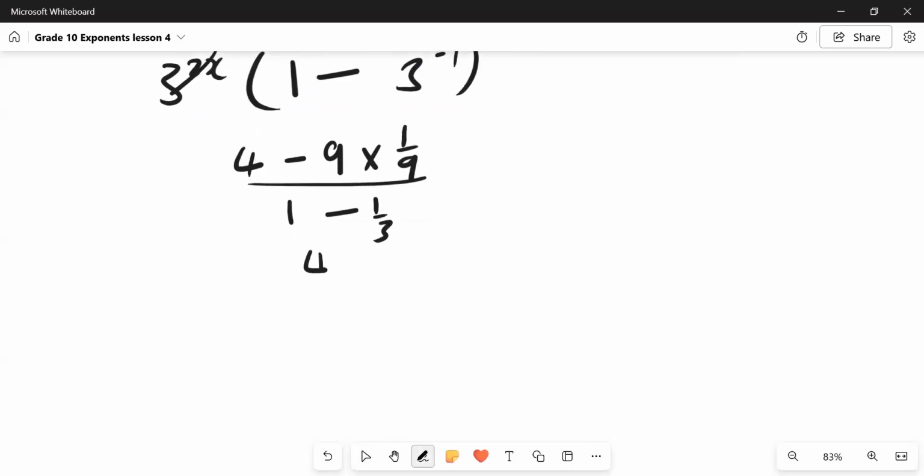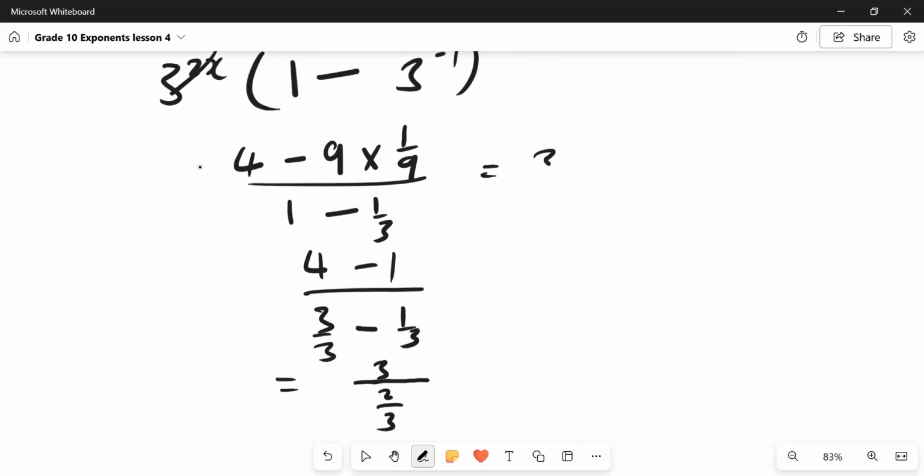This will give us 4 minus 1 over 3 minus 1 over 3, which is equal to 3 over 2 over 3, which will give us 3 divided by 2 over 3.